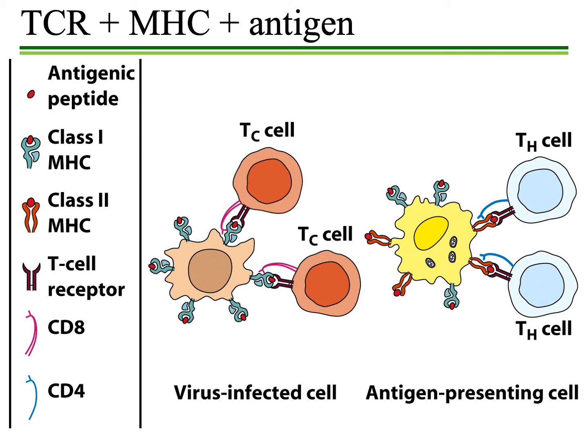So MHC, again, is short for major histocompatibility complex, and these are the molecular components that present antigen to T cells. There are three classes of MHC, but for our purposes, we're going to focus on these two, Class 1 MHC and Class 2 MHC. Class 1 MHC specifically presents antigen to cytotoxic T cells, and Class 2 MHC specifically presents antigen to helper T cells.